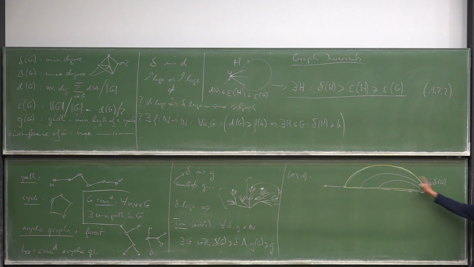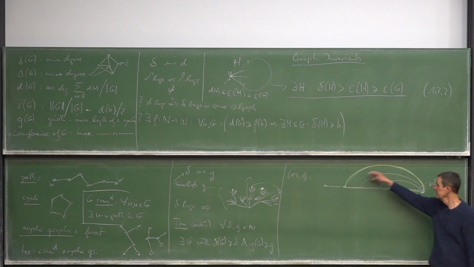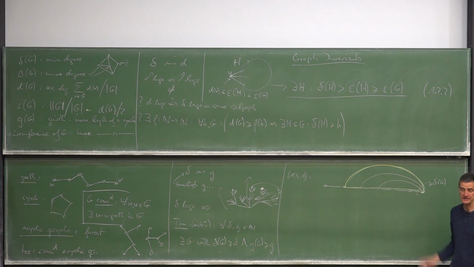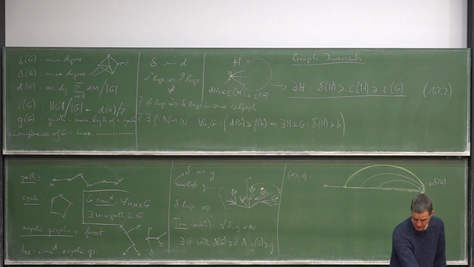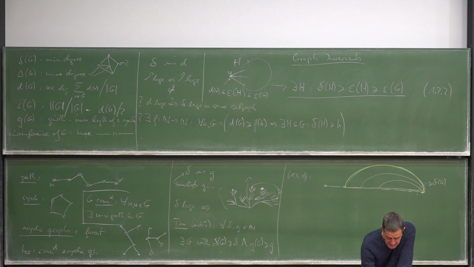And this cycle here has length at least delta of G plus 1. So even if we didn't omit any here, we'd still have delta neighbors and then plus 1 edge. So we get a cycle of length at least delta plus 1. Okay, so that's min degree versus girth and versus circumference.